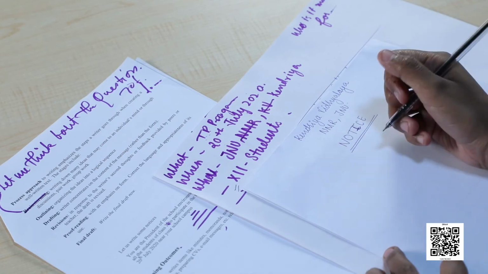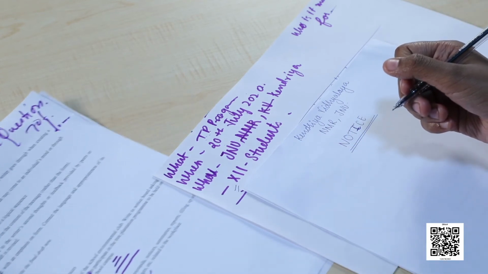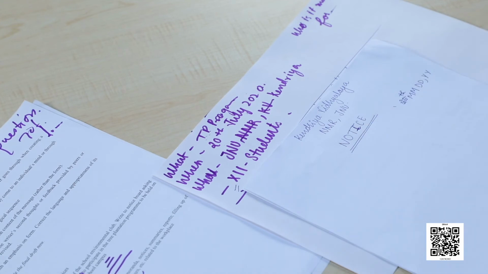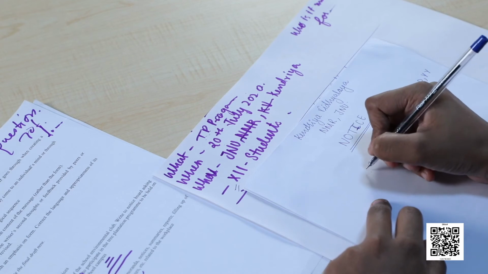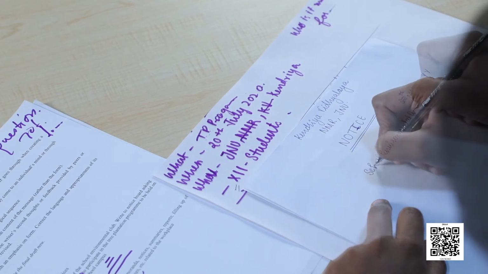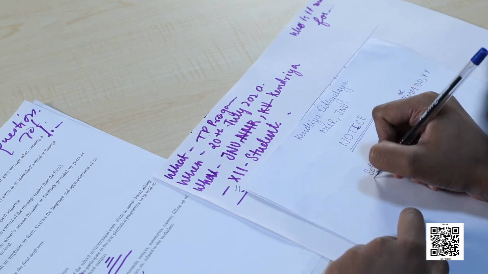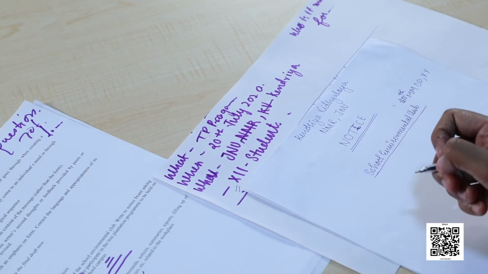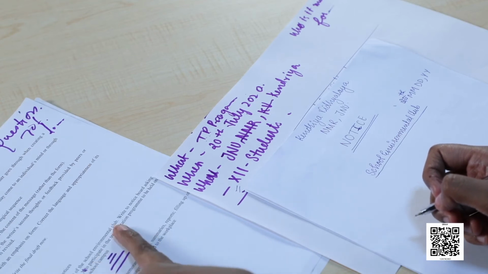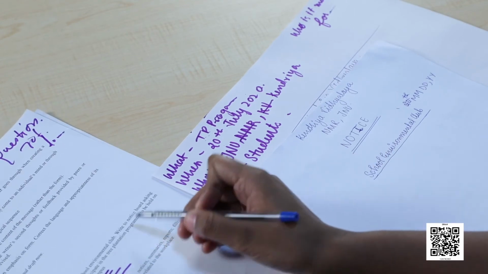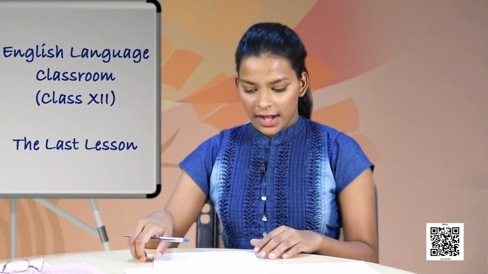Then we'll switch to which club we are representing here. It is the school environment club. In the middle I'll write in bold letters and underline it. It's from the school environment club and here is the tree plantation program. Now the outline is ready.